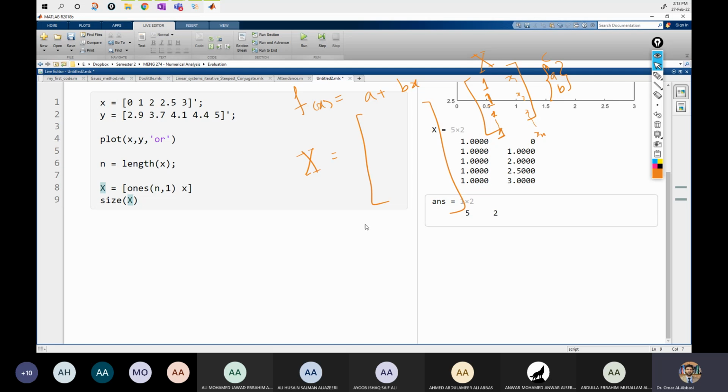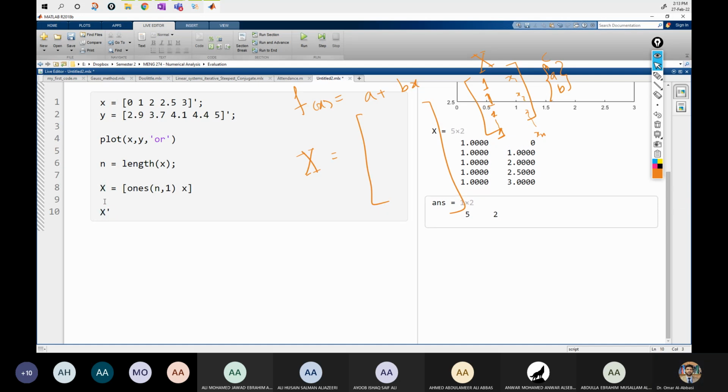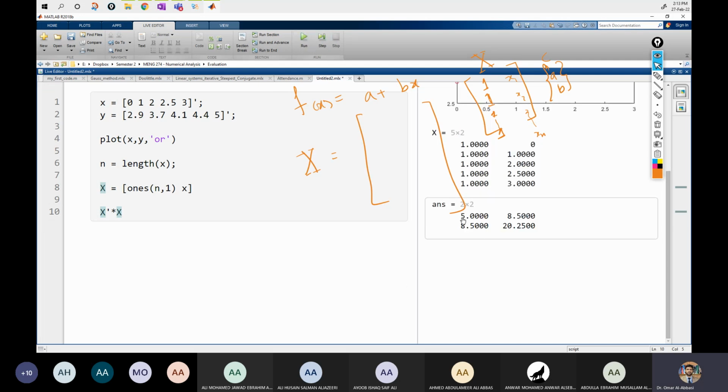Okay, n by 2. Now, let's see. X transpose multiplied by the X matrix, you will end up with a square matrix, and that's true.